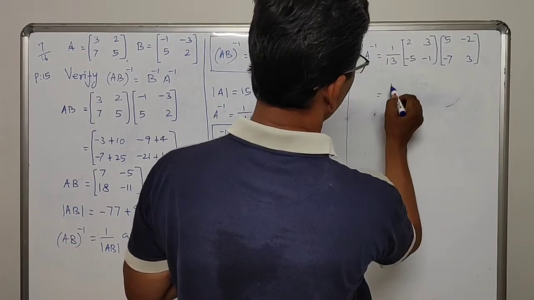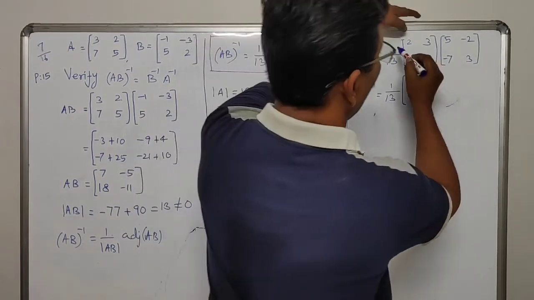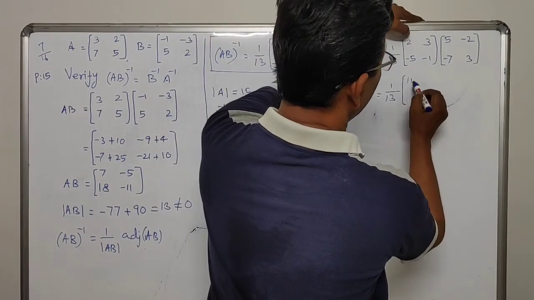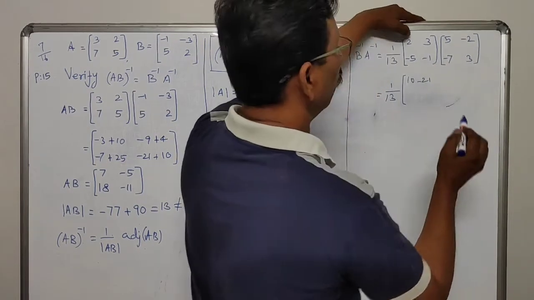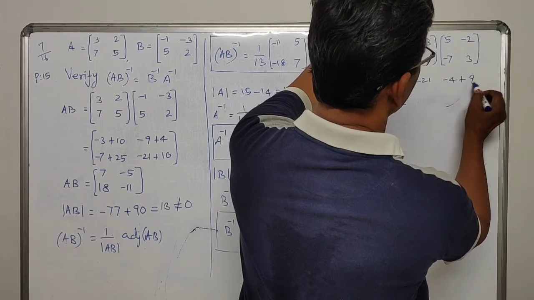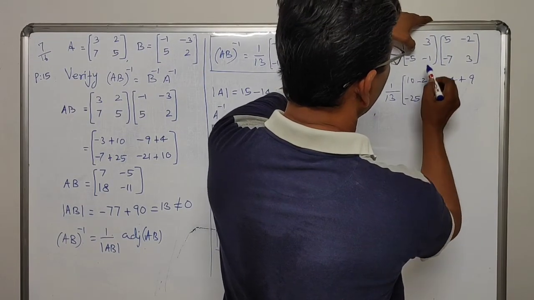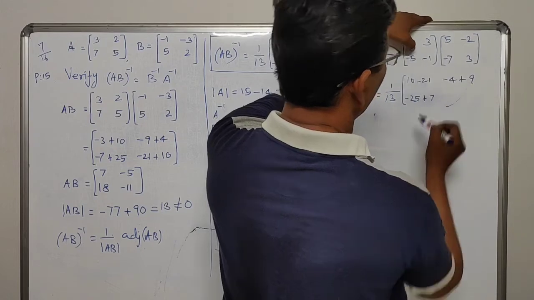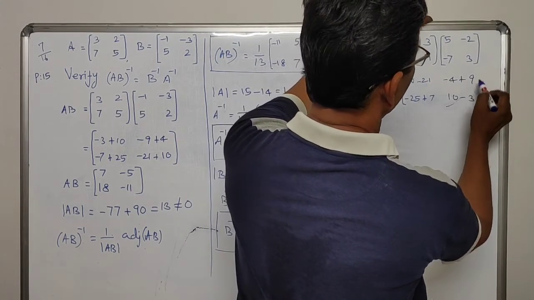Now 1 by 13 you can keep as it is, without disturbing. Then go row by column: 2 5s are 10, then minus 21, then 2 into minus 2 is minus 4, then plus 3 3s are 9. Second row first column: minus 25, then plus 7, then plus 10, then minus 3.